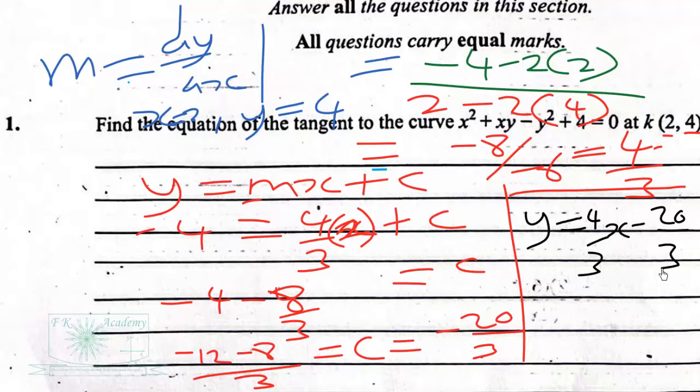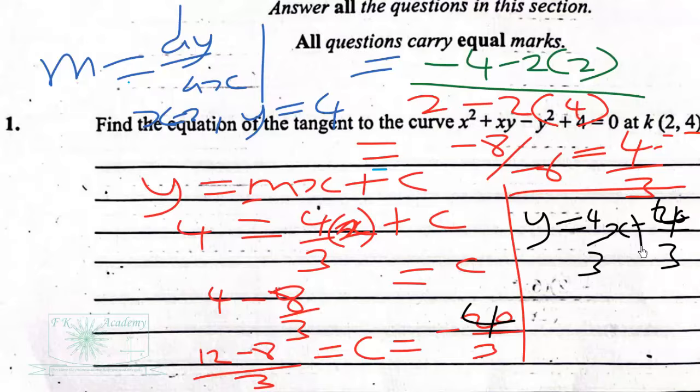Oh, sorry, the y here is positive, not negative. This is positive, not negative. So we are supposed to obtain positive 4 over 3. So that is the equation of the line, y equal 4 over 3x plus 4 over 3.